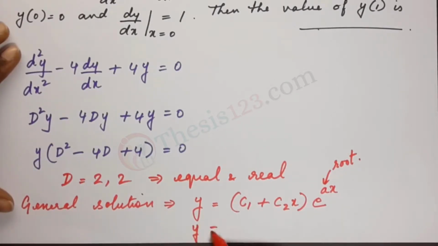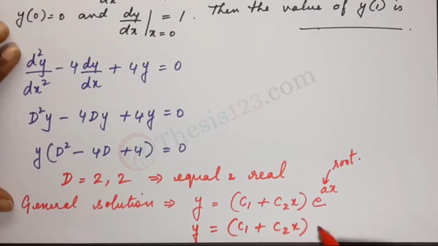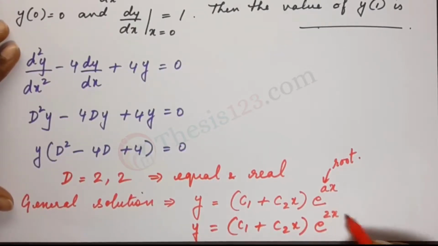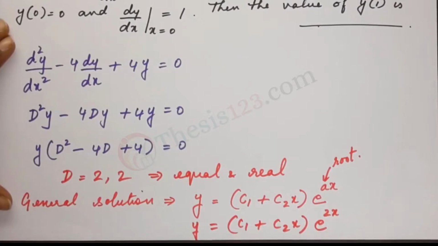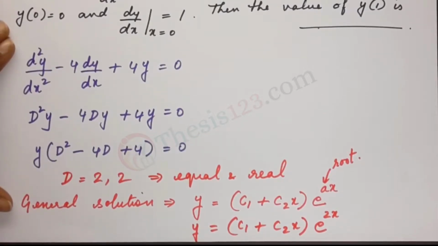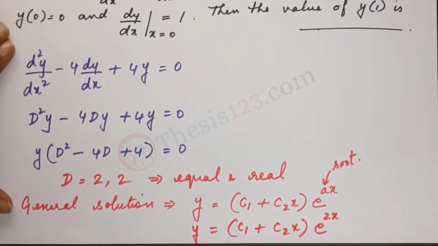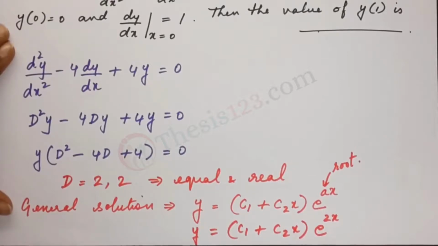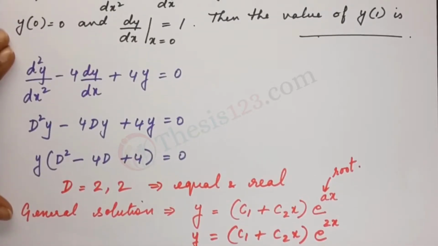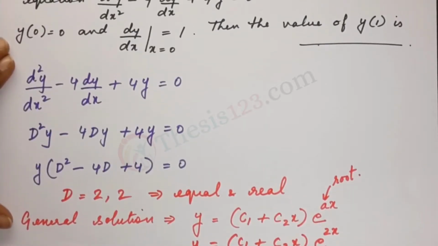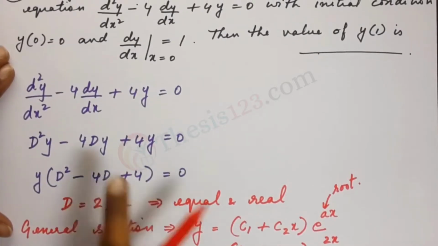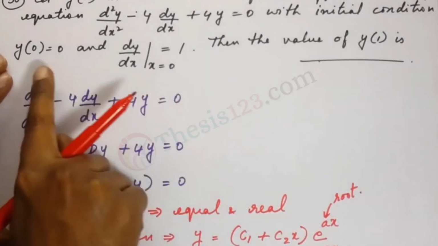So we have y is equal to C1 plus C2x into e power 2x. Okay, so this is our general solution. The next step is to find the particular solution, which means finding the values of C1 and C2 using the initial conditions given to us.